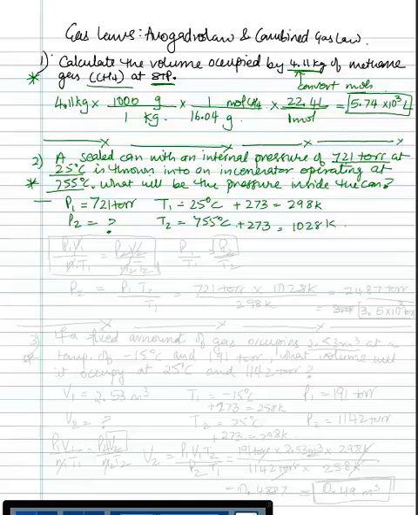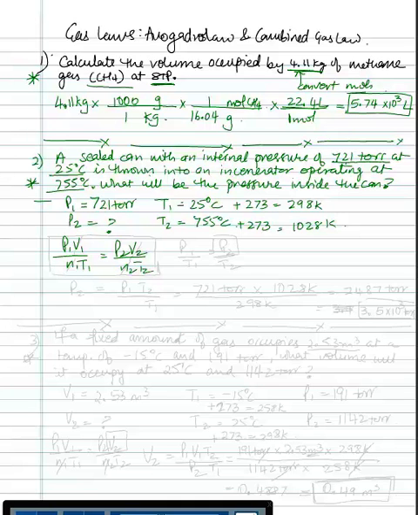Now we don't have any direct relationship between pressure and temperature. Pressure and volume have a relationship, temperature and volume have a relationship, but not pressure and temperature. So we write out the combined gas law, which is P1 V1 over N1 T1 equals P2 V2 over N2 T2, and then we cross out whatever we don't need.